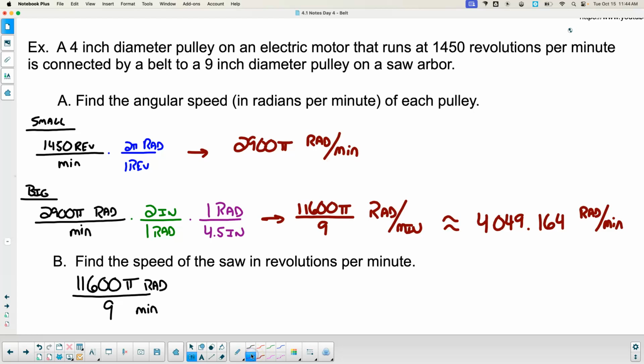So then that's going to be 2 pi radians is 1 revolution. So the pi's cancel, and then 11,600 gets divided by 2, and so then that's going to be 5,800 divided by 9.